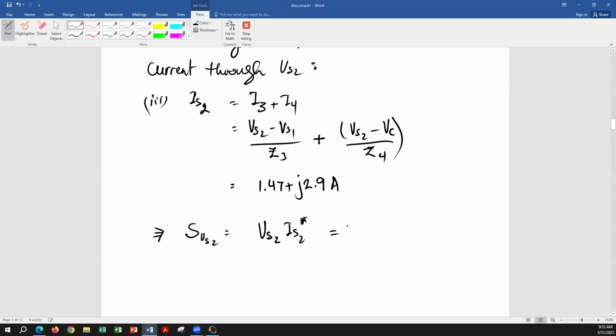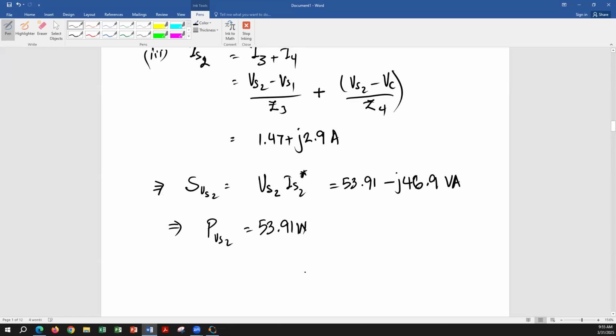That is 53.91 minus j46.90 volt ampere, which means that it is giving 53.91 watt of power and negative 46.9 volt ampere reactive power.